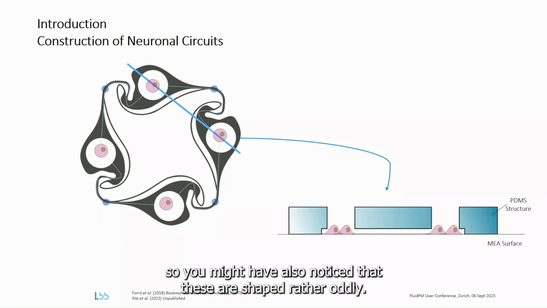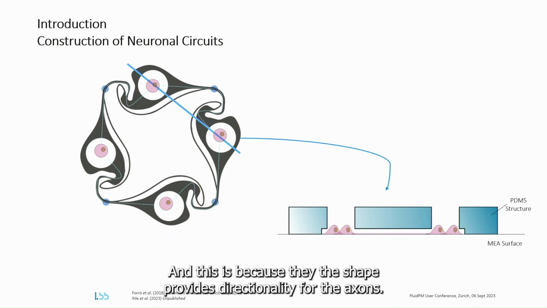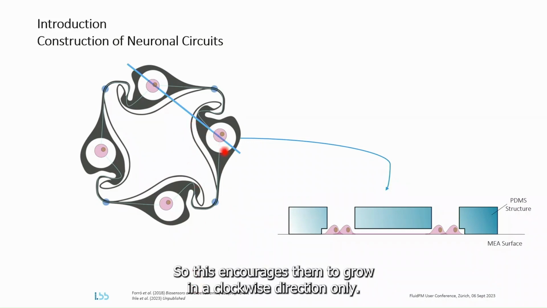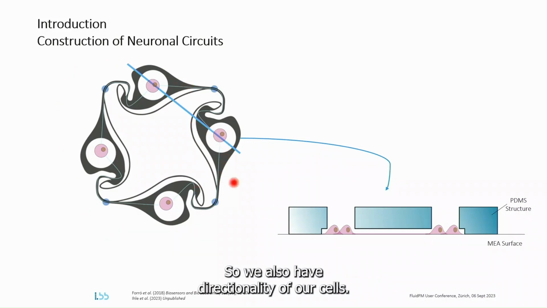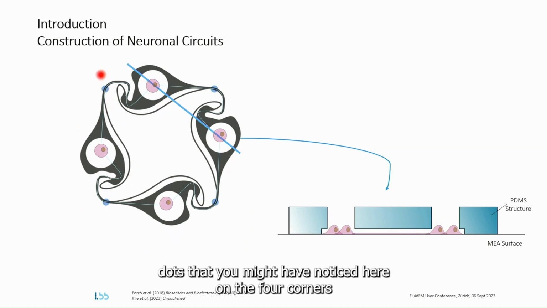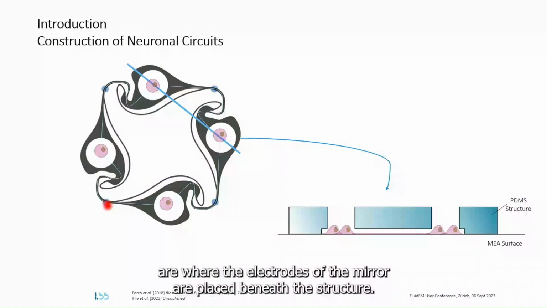You might have also noticed that these are shaped rather oddly. This is because the shape provides directionality for the axons. It encourages them to grow in a clockwise direction only, so we also have directionality of our cells. The blue dots that you might have noticed on the four corners are where the electrodes of the MEA are placed beneath the PDMS structure.